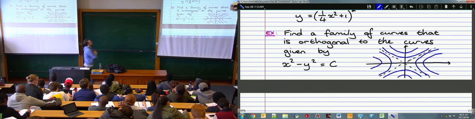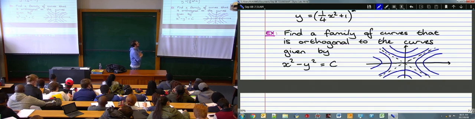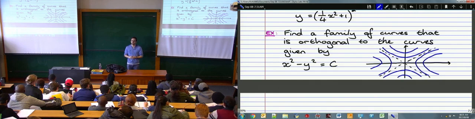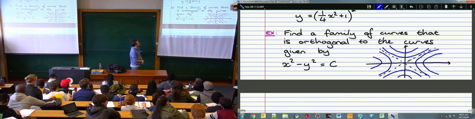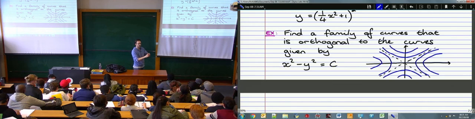Okay. So we're looking for a family of curves which is orthogonal to the curves given by x squared minus y squared is equal to c. So we're looking for a second family of curves where if we draw the second family of curves, as any member of the second family of curves passes one of these curves, they should pass at 90 degrees. Okay.